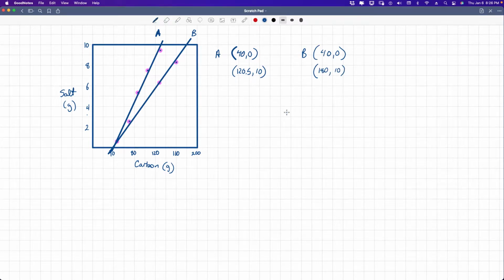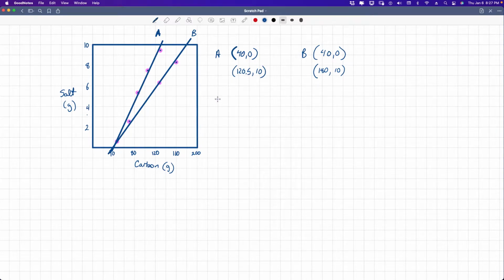So those are my two lines. The first thing I need to do is write my linear equation for this line. I'm going to have to figure out the y-intercept given one of these two points later on, but right now I'm going to do the slope.